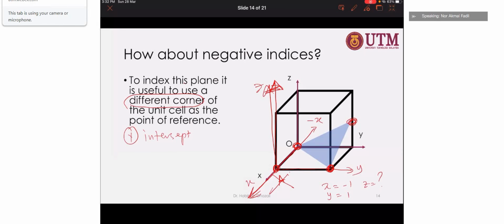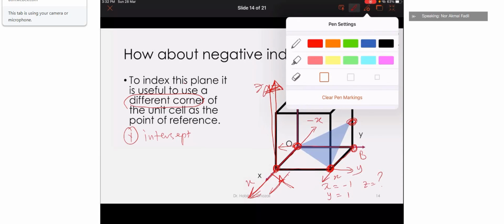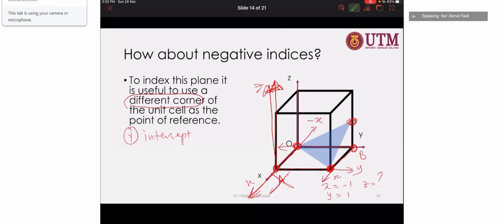Why? Because if you redraw the x-axis and y-axis, let's pick another color. If you choose B, this will be the new x-axis, new y-axis, and new z-axis.